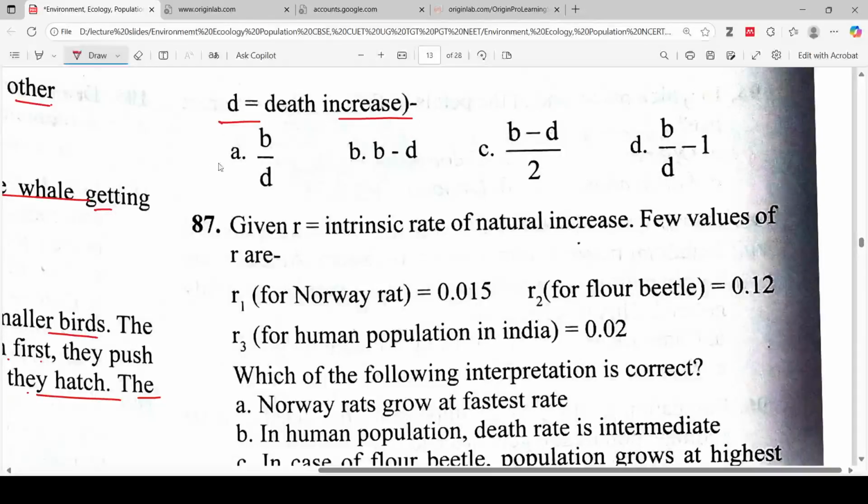So option A, B, C and D is given. So option B will be the correct answer. B minus D equal to r. So the r is the intrinsic rate of natural increase.